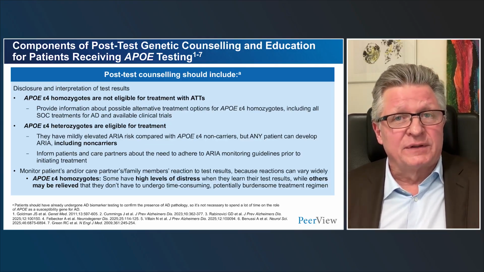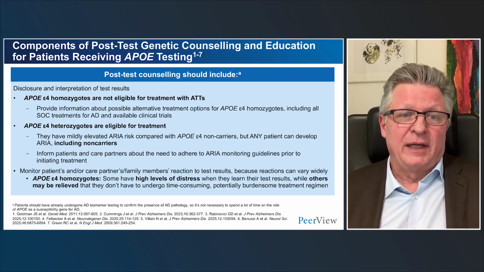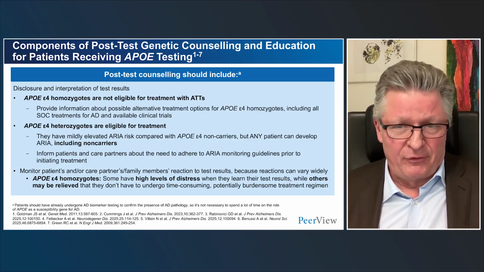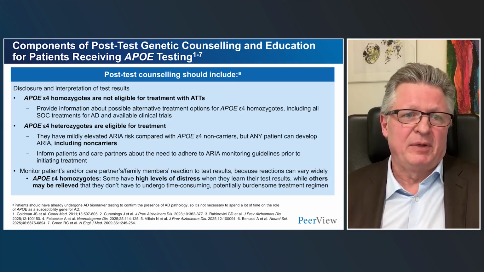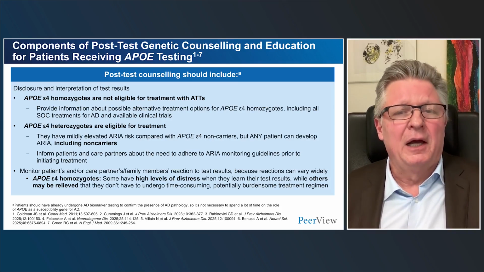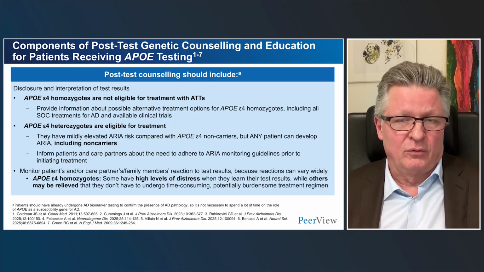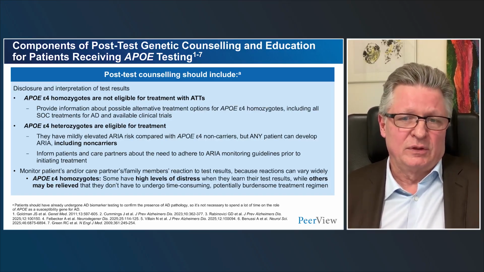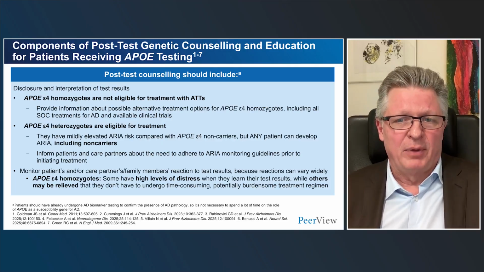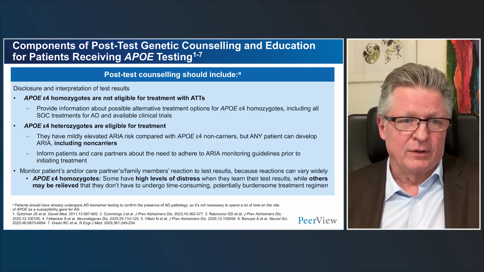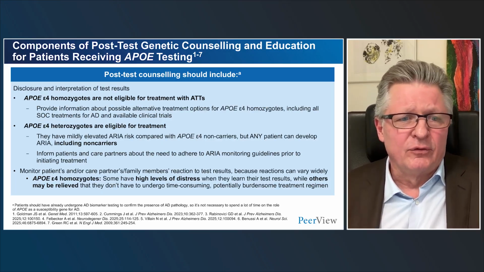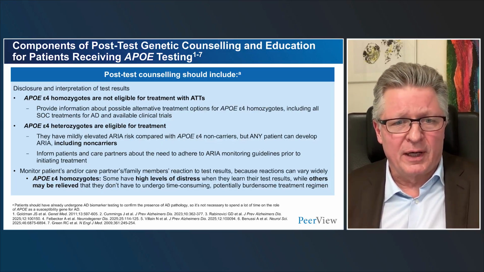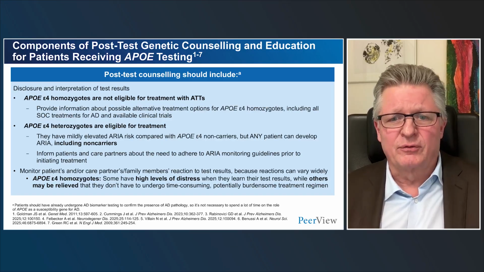If an individual is APOE4 heterozygote and eligible for treatment, there is a mildly elevated ARIA risk. However, the monitoring of the patient is the same as in a non-carrier. And of course, it's very important to stress that this patient has to adhere to the monitoring plan during the treatment. And of course, it's always important to monitor the care partners' and families' reaction to the results.